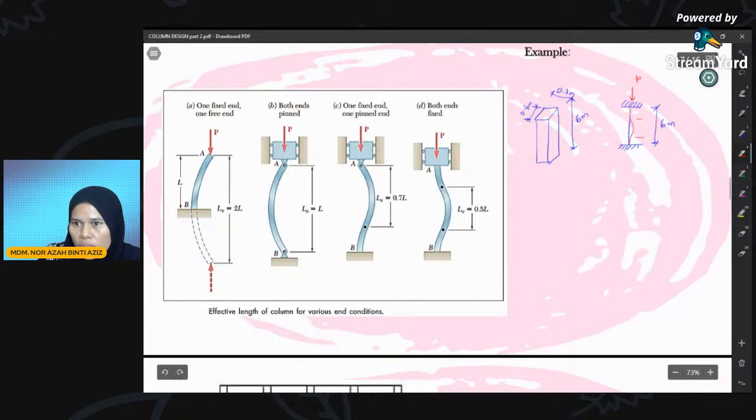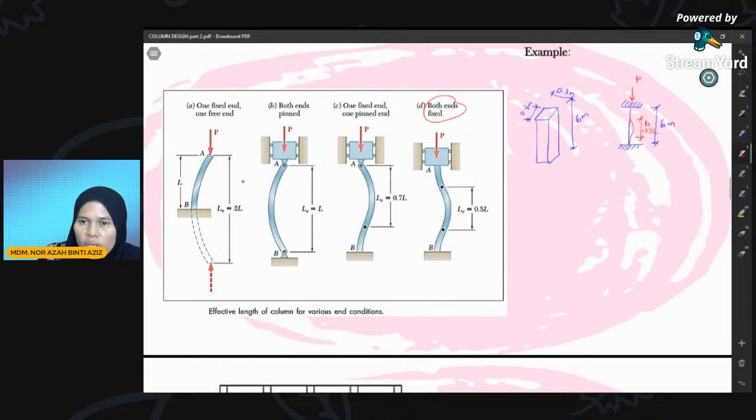So the effective length, the buckle length, is equal to 0.5 L.